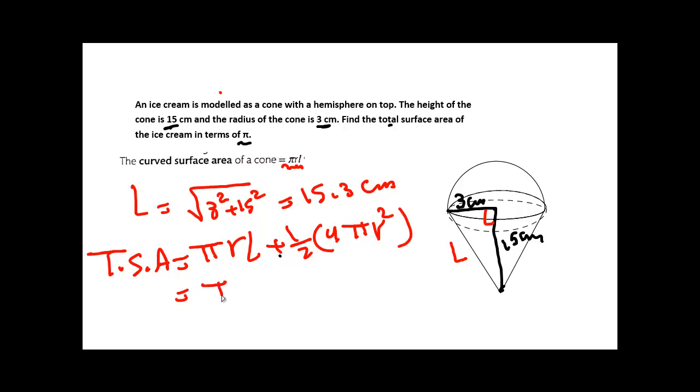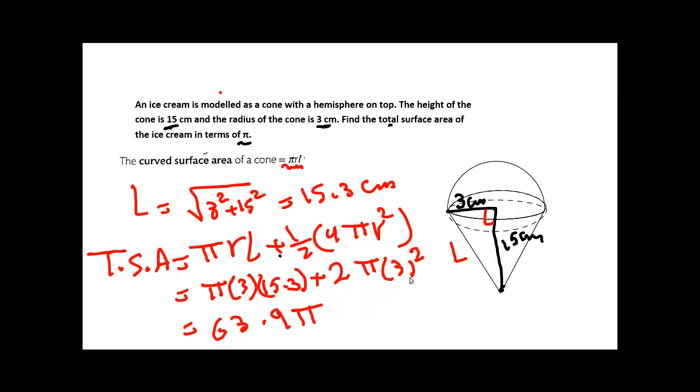Pi stays the same, because it's mentioned to find it in terms of pi, and the radius is 3. l is 15.3 as we found, plus half multiplied by 4 is 2, so 2 pi r squared, which is 3 to the power of 2. When you do that, your answer will be 63.9 pi, and this will be the total surface area, in squared units, centimeters squared.